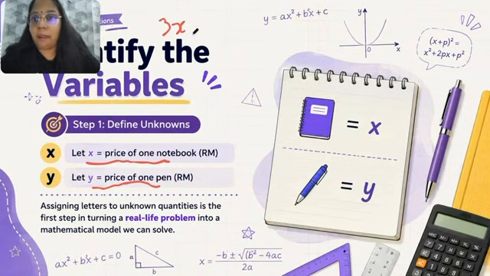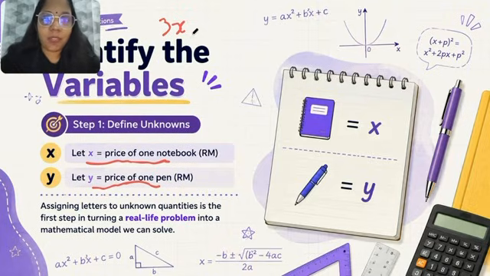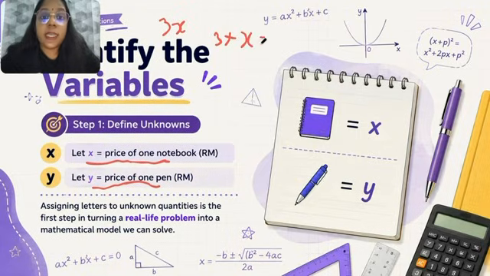Please don't mind my writing. Because we have three notebooks and each notebook costs x, so 3 times x equals 3x.